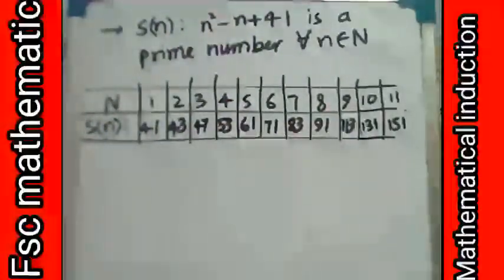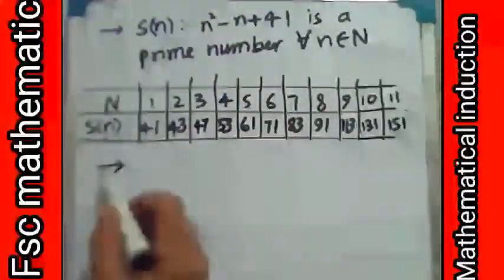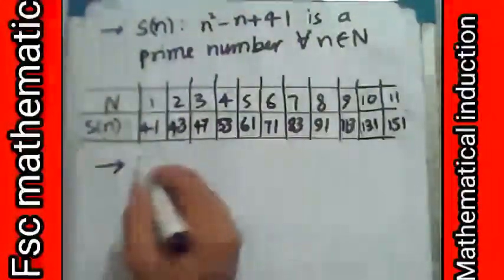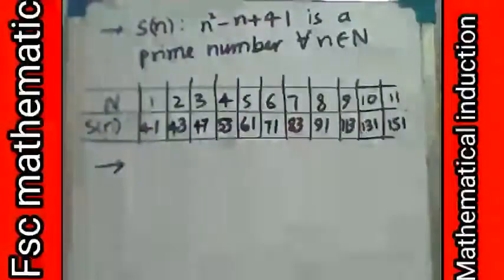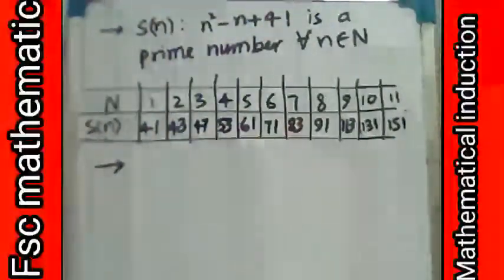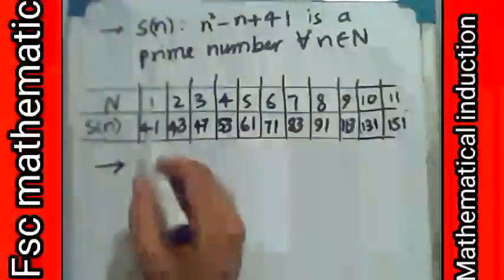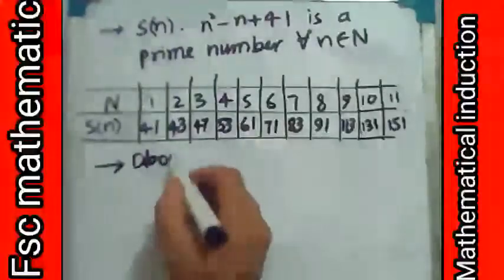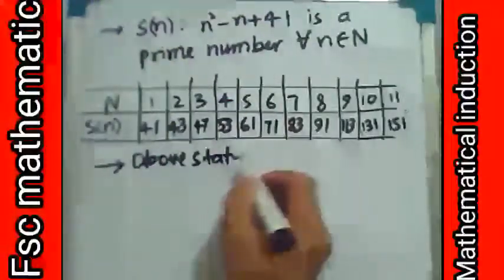It means we can now write a conclusive statement about this table. It's not the final conclusion, but we make an observation: that the above statement has enough chance of being true.